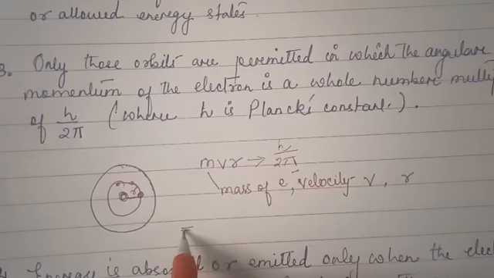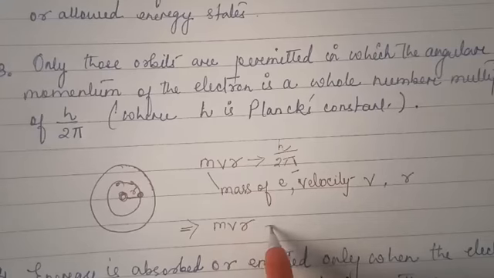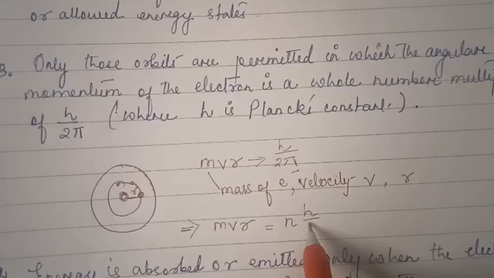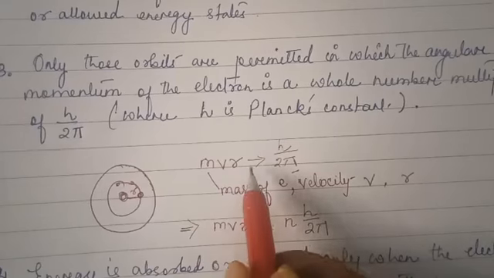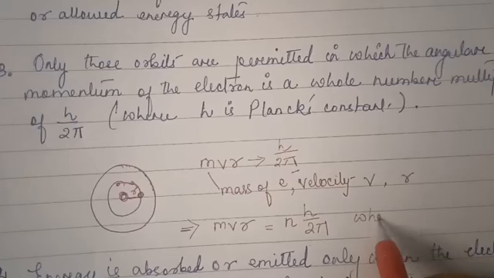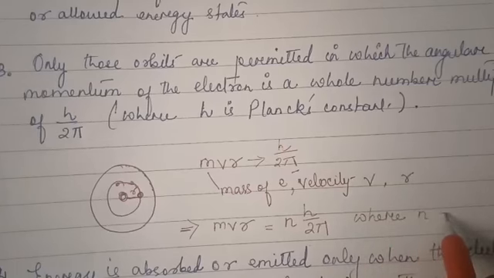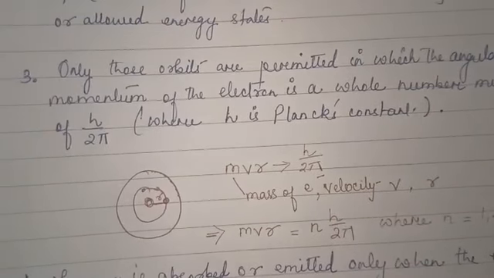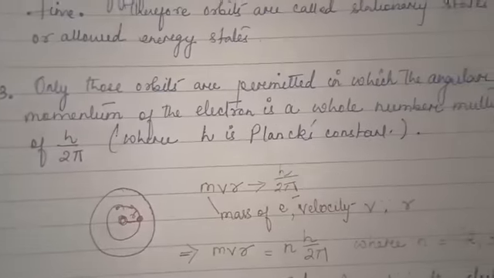We can represent it as mvr equals nh by 2 pi, where n equals 1, 2 and 3.